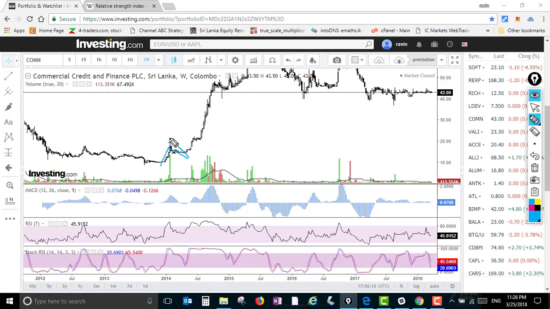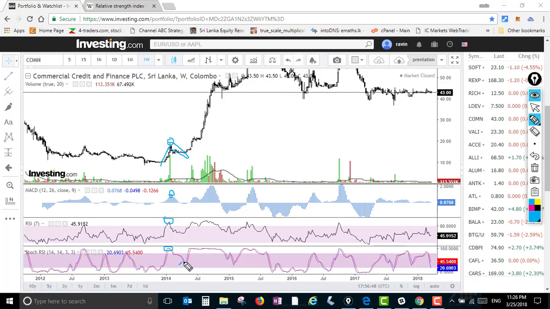So in this area, if you want to make a quick profit, you can exit. But if you are a long-term investor, you can wait and see what our other indicators are telling, because MACD is not giving us a sell signal, but only RSI and stochastic RSI are giving us a sell signal. So you have to wait and see what it has formed.